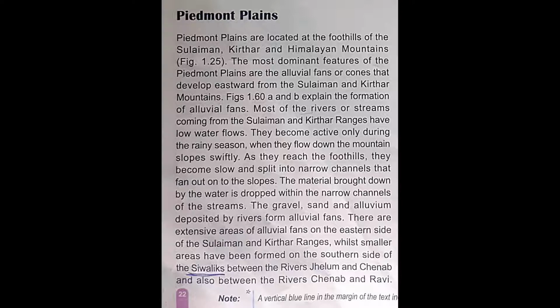They become active only during the rainy season when they flow down the mountain slopes swiftly. So students, these Piedmont plains are formed in the rainy season when streams and rivers deposit alluvium at the foot of the mountain.